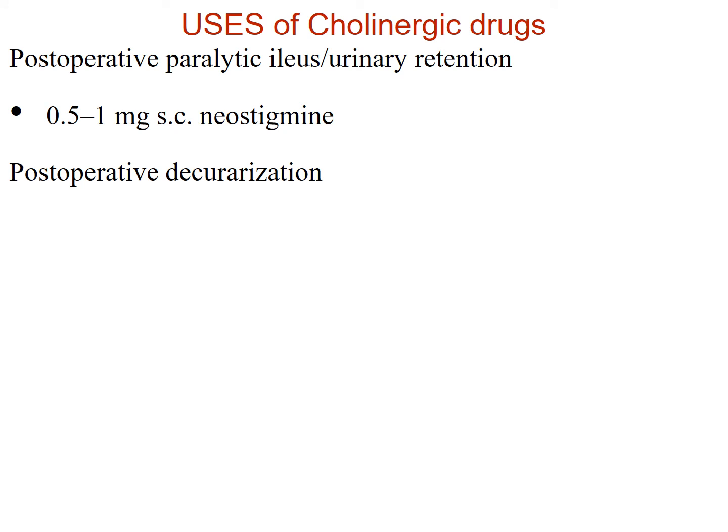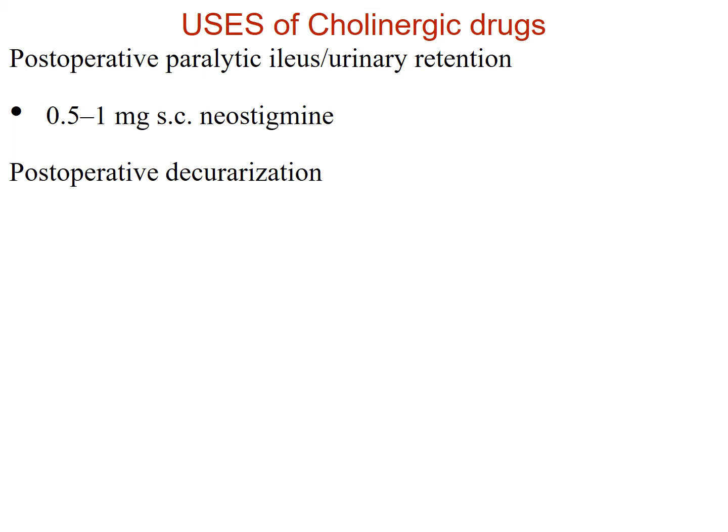Another use of cholinergic drugs is in post-operative paralytic ileus and urinary retention because of the actions of these cholinergic drugs on these systems. We give 0.5 to 1 milligram of neostigmine subcutaneously.